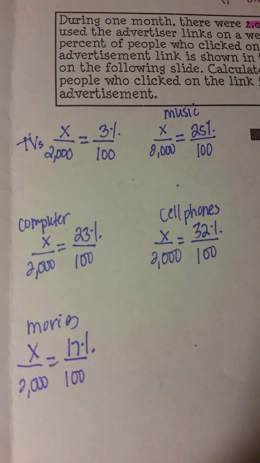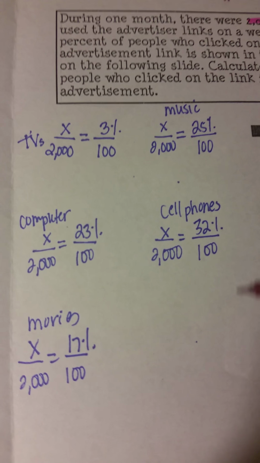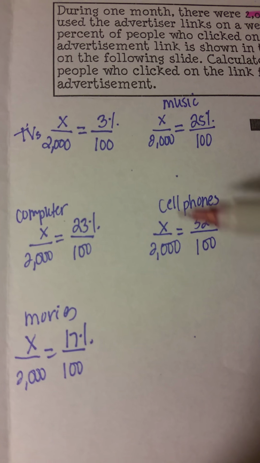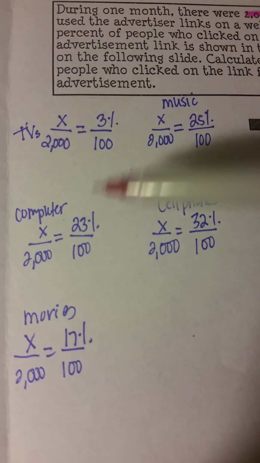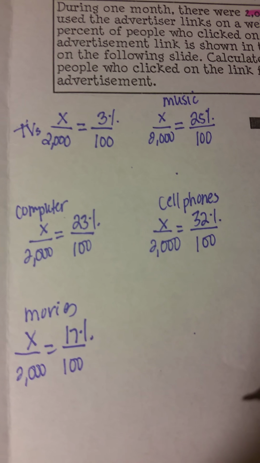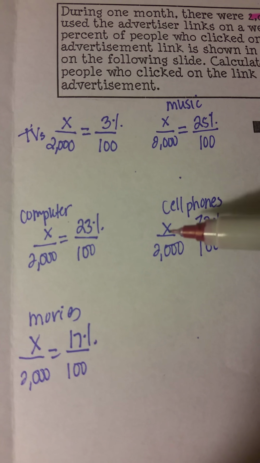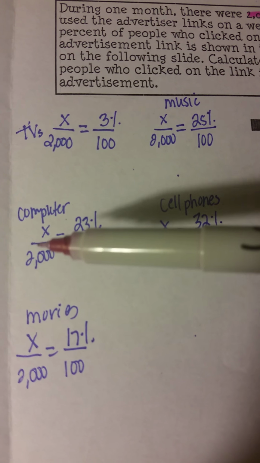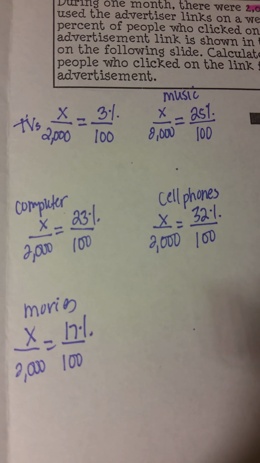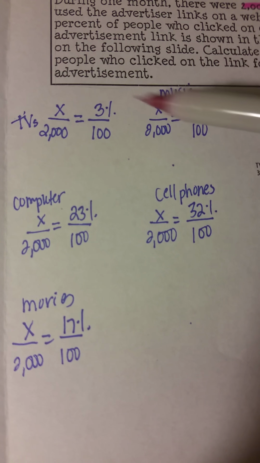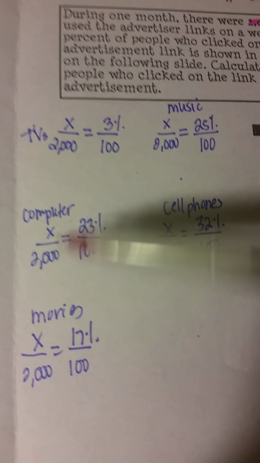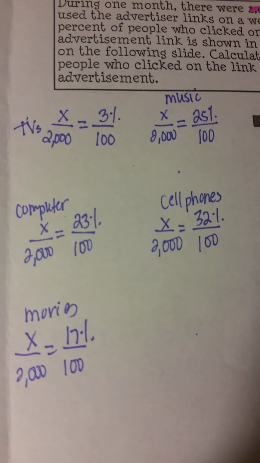Okay, so now two things should happen here. My percents are always out of 100. So if I add up all my percents, I should get 100. Second, when I find my parts, each one of my parts should add up to whatever my whole is. So if I add up all my parts when I'm done finding them, they should equal 2,000.